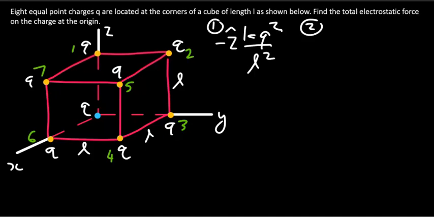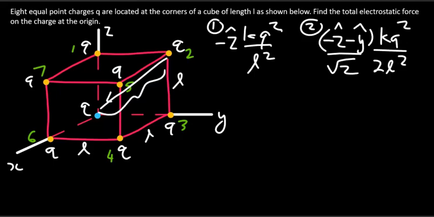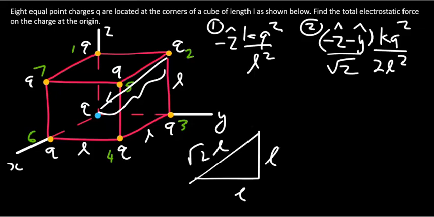The unit vector along that diagonal direction is given by minus z hat minus y hat, and don't forget to divide by square root 2, because these are unit vectors, so the length of this vector has got to be 1. The magnitude is of course kq squared over the square of the diagonal distance. The diagonal distance is square root 2 L from Pythagoras theorem. Square of that is 2L squared.